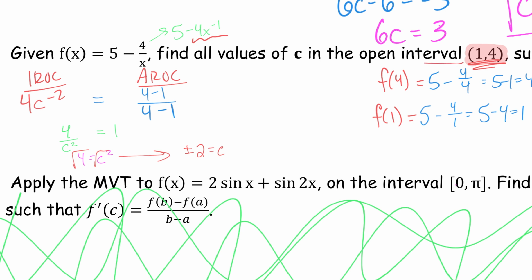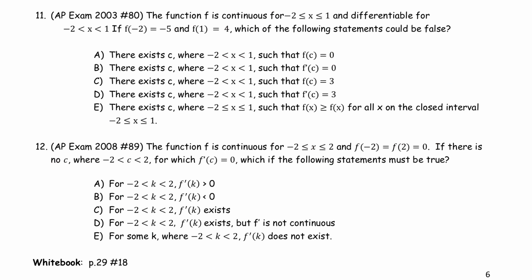In this case, only the positive one is going to be our answer. Even though we do the plus minus, if the interval was bigger, both could be the answer, but because we're only looking between 1 and 4, only the positive 2 is going to stick.